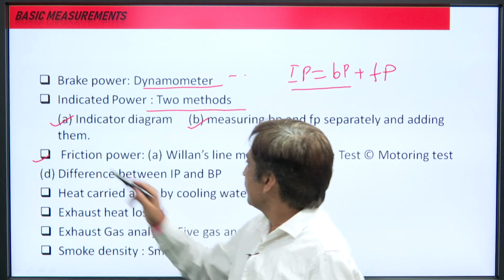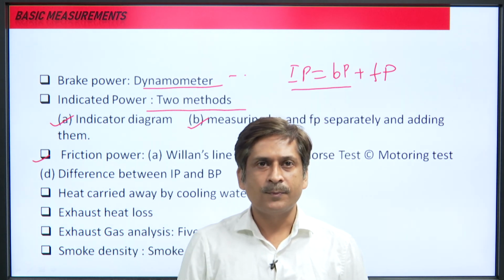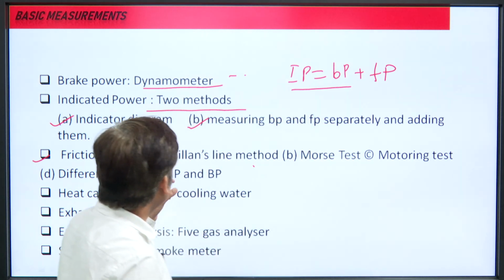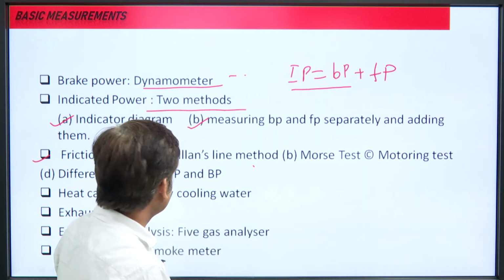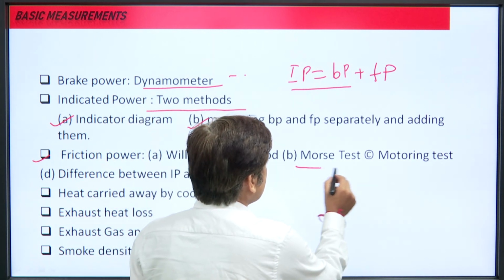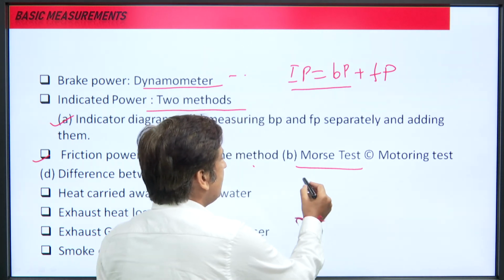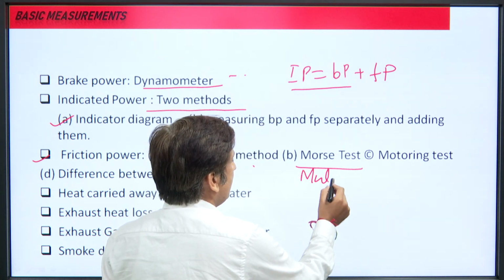Then friction power is measured with the help of the Willans line method, Morse test and motoring test. Morse test is used for multi-cylinder type of engines.